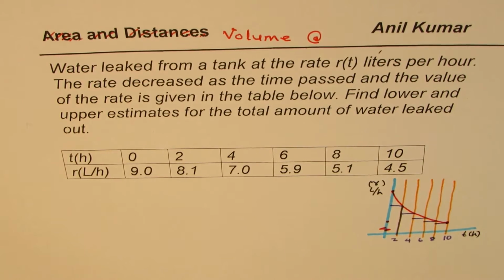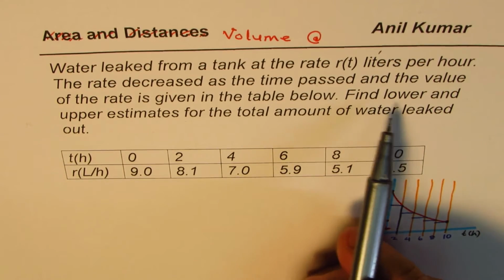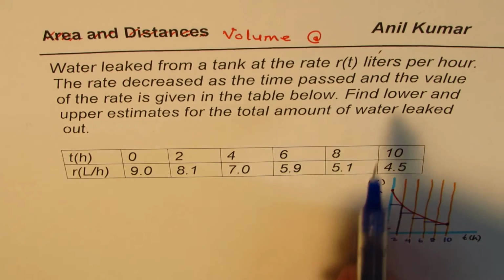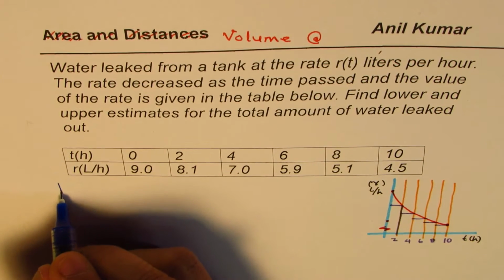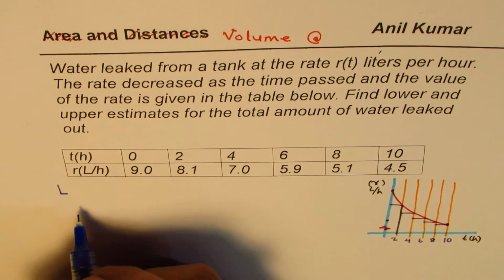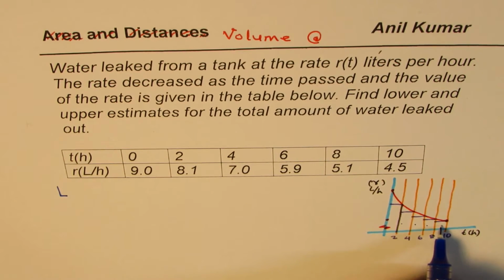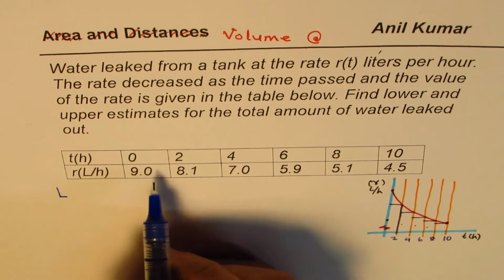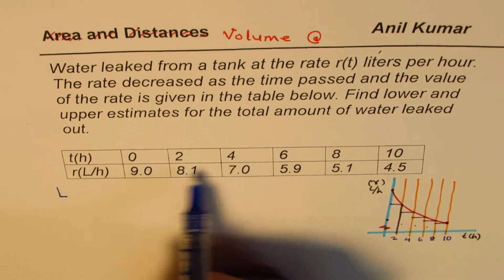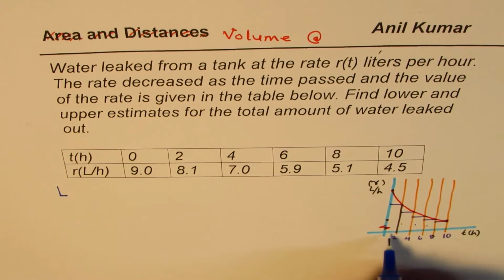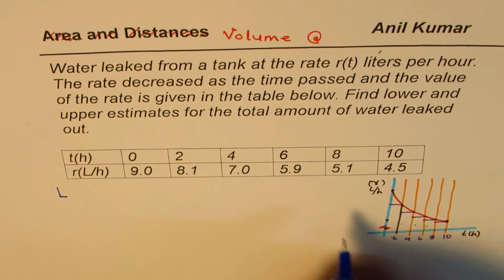So what we will do here is to find the lower estimate. So there are 2 estimates which we need to find. So let me say lower estimate is L, and since we are using how many rectangles? 1, 2, 3, 4, and 5 rectangles in this particular case, right? So this interval has been divided into 2 of each, right? So each width of this rectangle, let me call this as delta x.